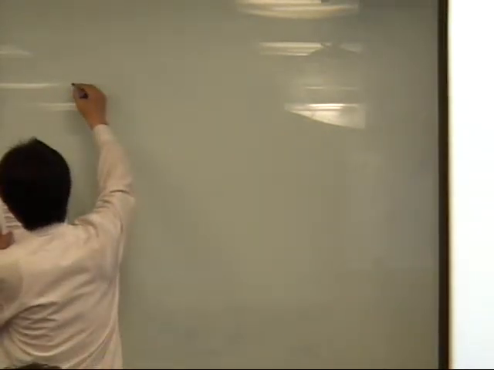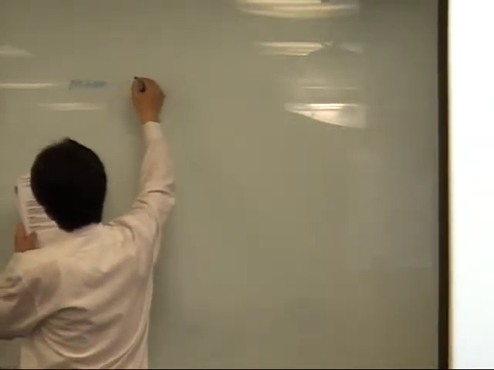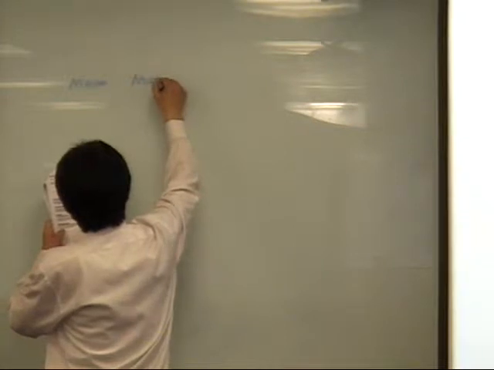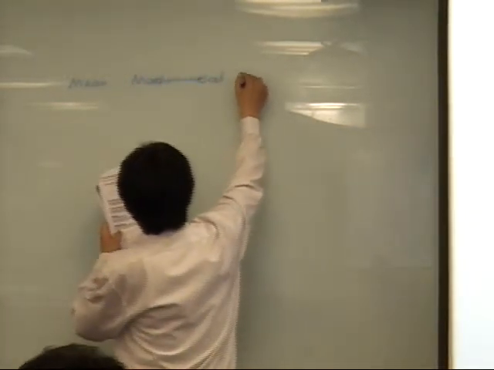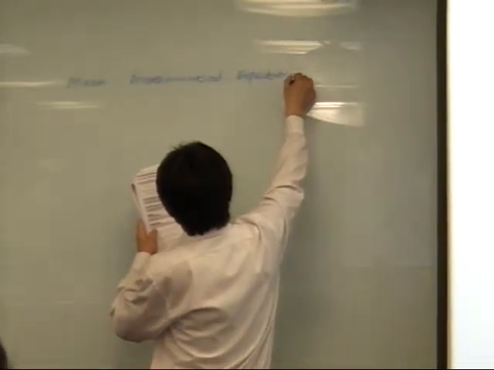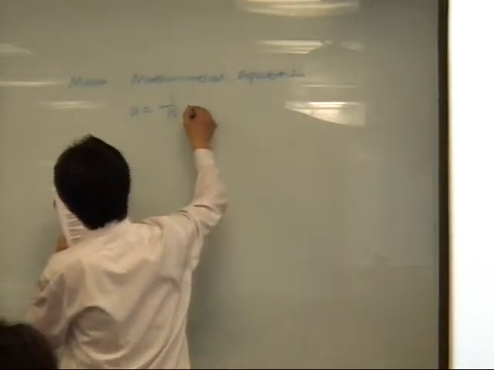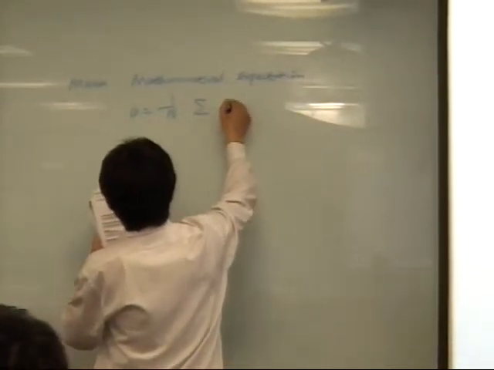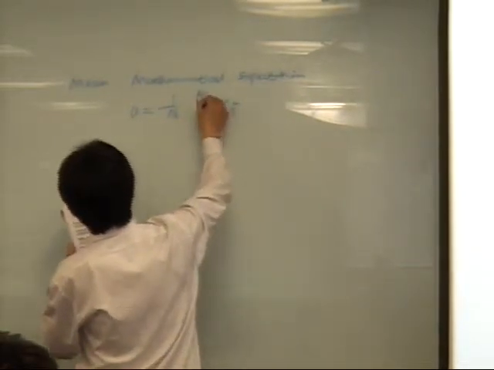So a few other definitions, which is the mean or mathematical expectation. So assume we have n samples, so that's just the mean, right?